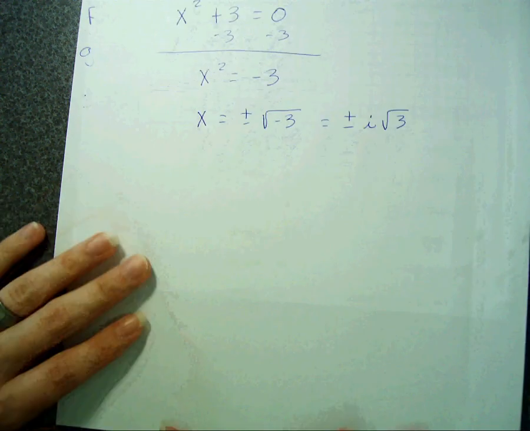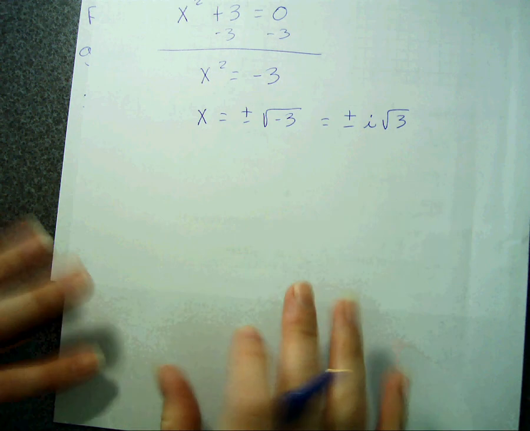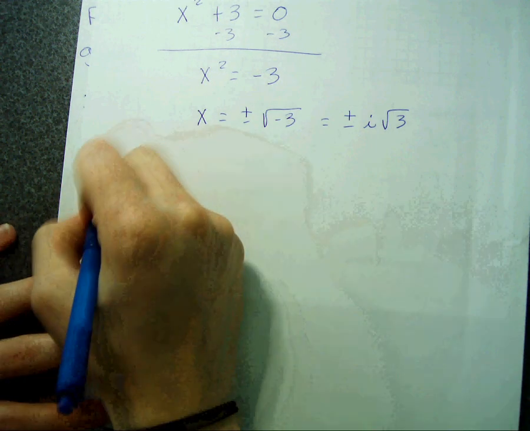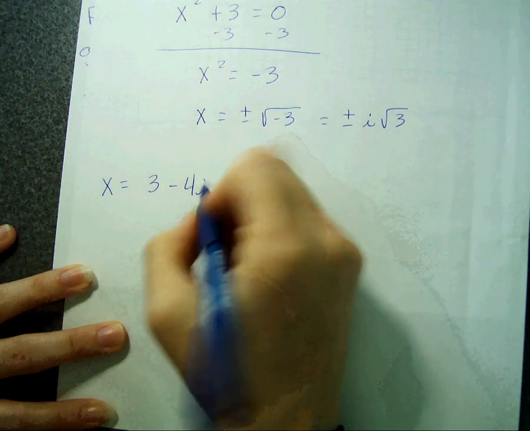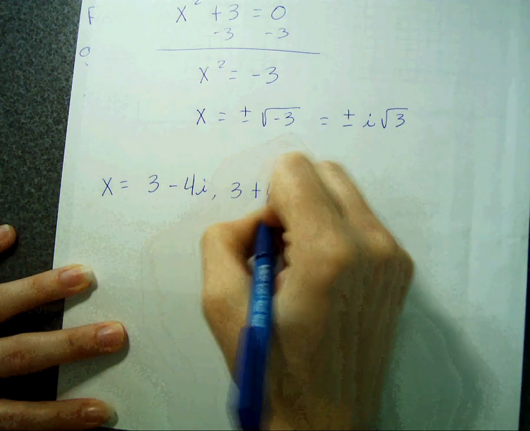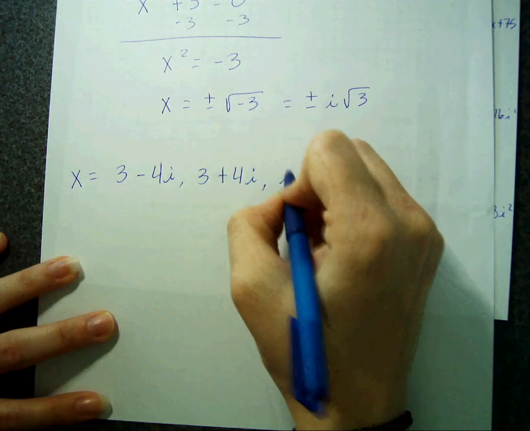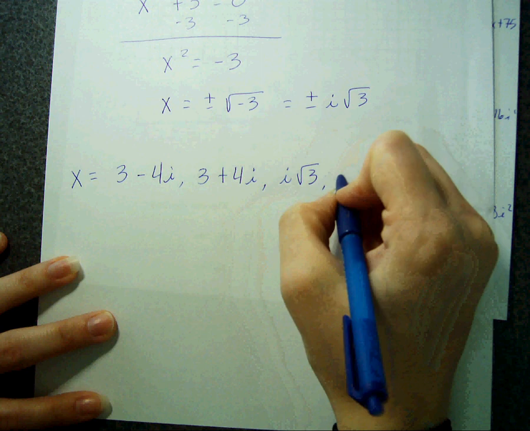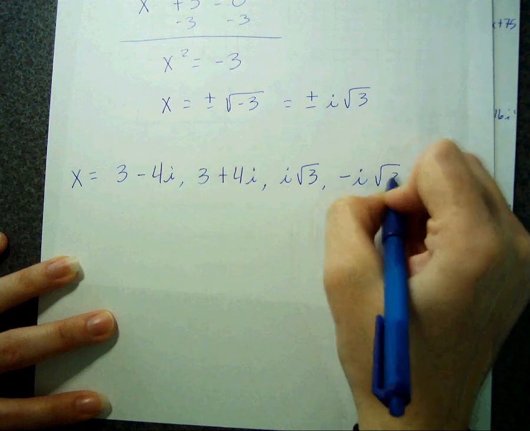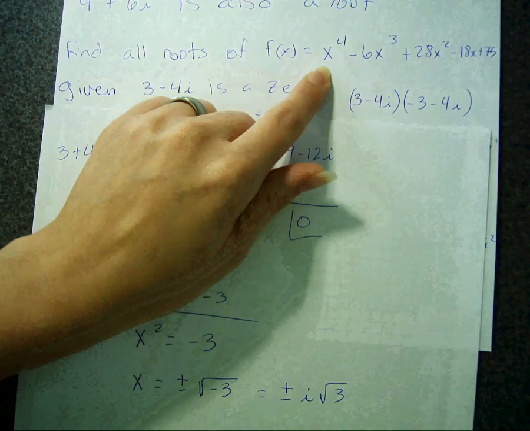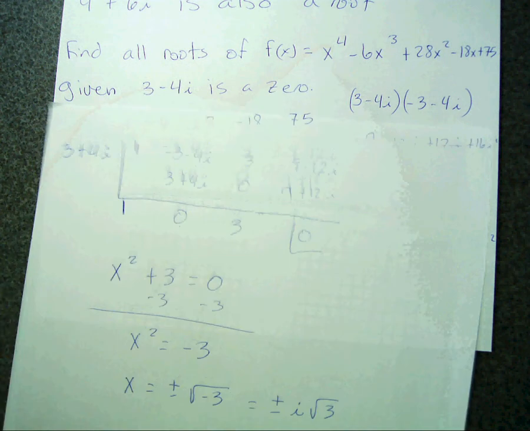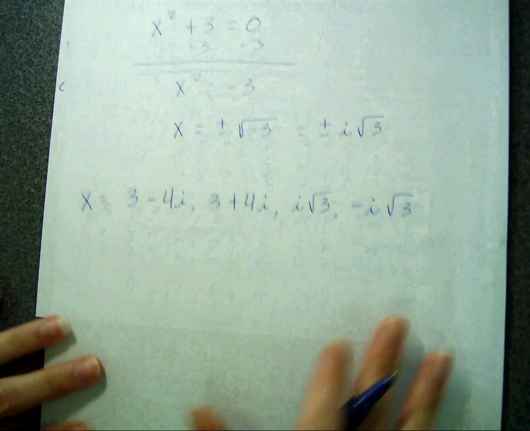So my final answer, all of the roots are 3 minus 4i, my given root, 3 plus 4i, its conjugate, and then I have positive i square root of 3 and negative i square root of 3. Right? And again, I started with a polynomial raised to the fourth power, so I end up having a total of 4 roots.